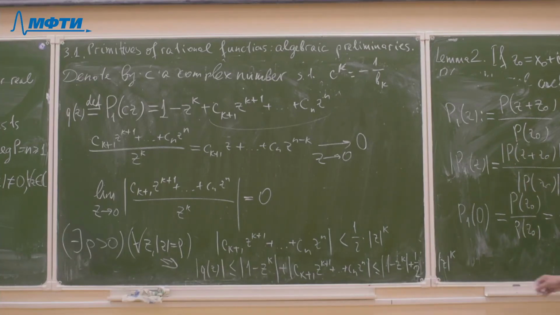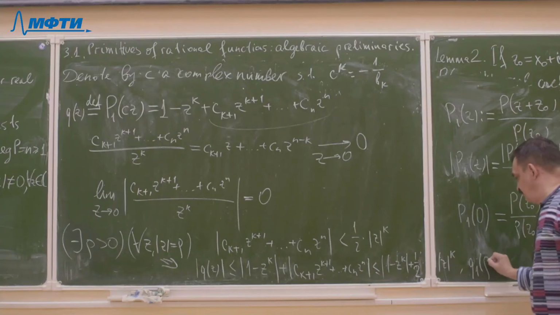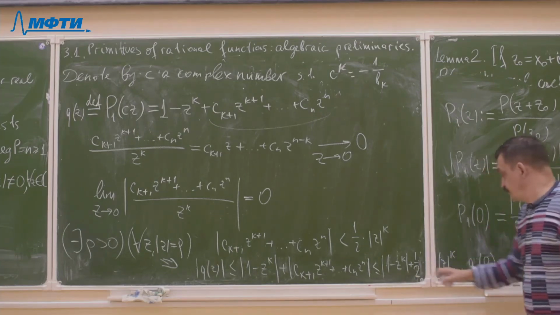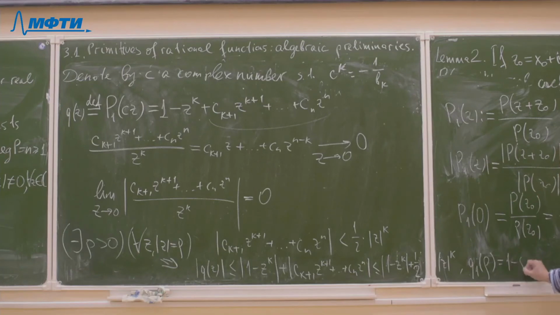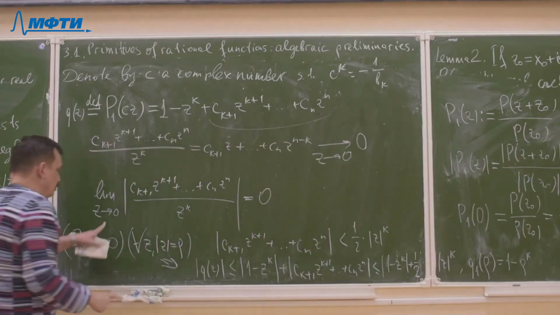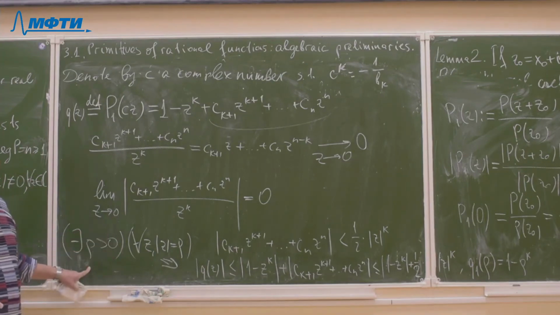And let me consider a particular case. So Q of rho, just of a real number rho. What is it? 1 minus rho to the power k. In fact, you see, z tends to 0, right? It means rho is sufficiently small.